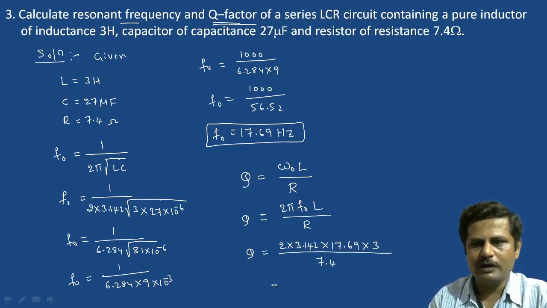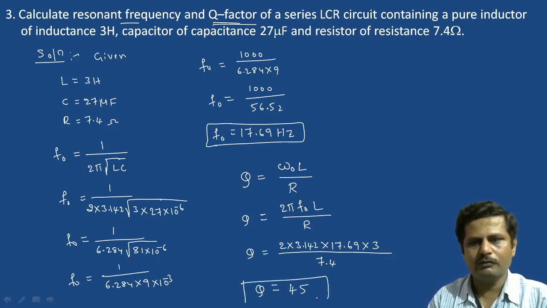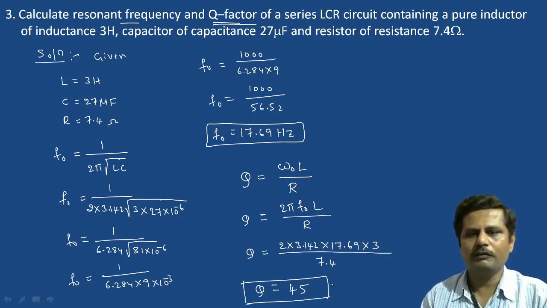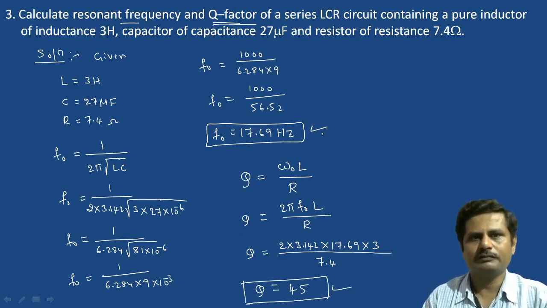On simplifying, you will get Q equal to 45. Q is equal to 45. This is the thing you need to keep in mind. So we found the Q factor as well as the resonant frequency.